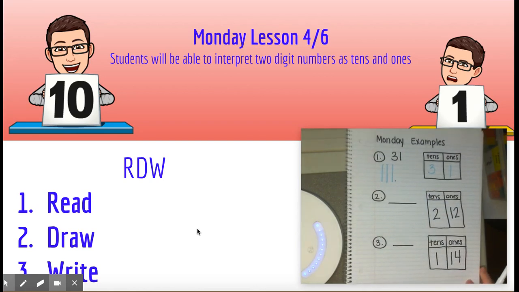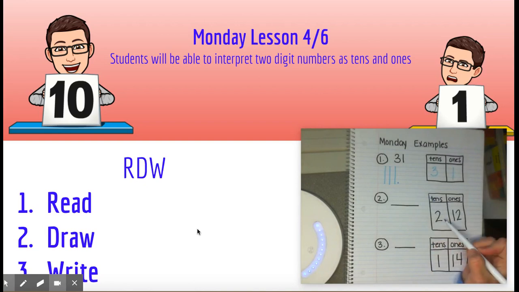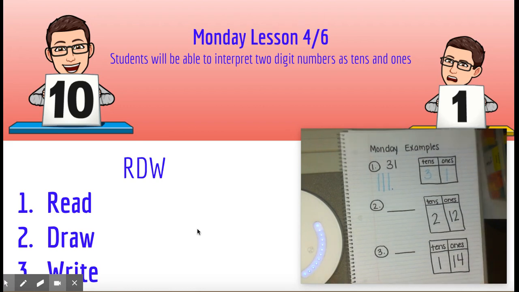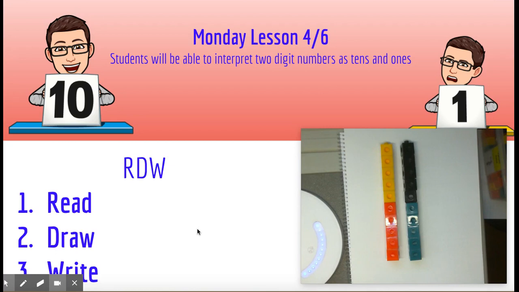Now we're going to move on, and this time they didn't give us the number. They told us how many 10s and how many 1s. So we have to figure out what number we can make with 2 10s and 12 1s. First, let's look at our 2 10s. We have 1 10, 2 10s. And do you remember how many 1s our problem had in it?